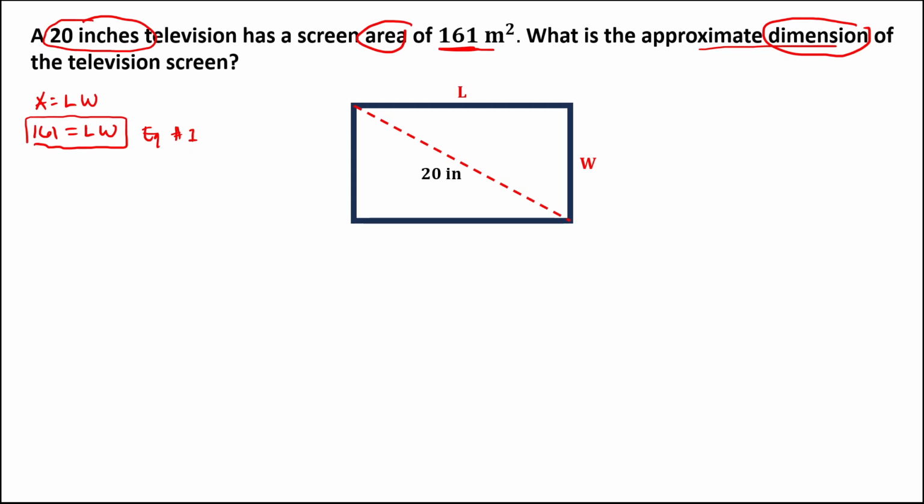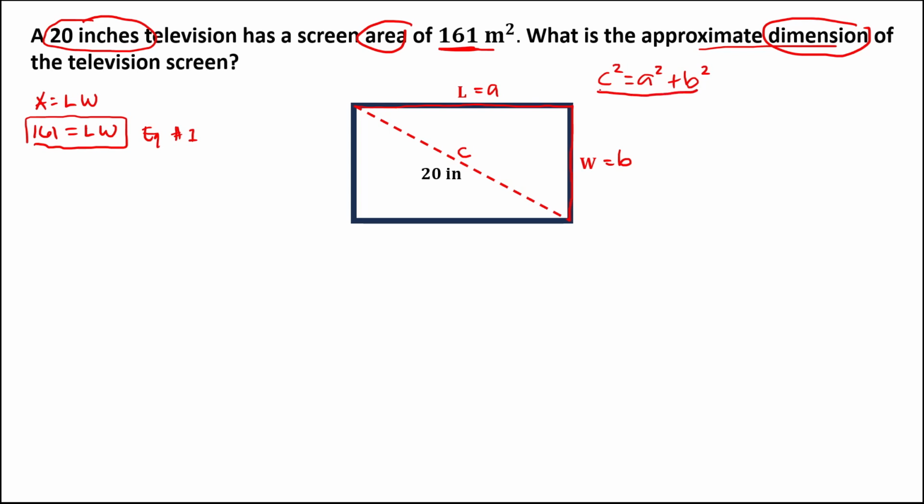Then for the second equation, using this right triangle, we can use the Pythagorean theorem. The formula is c squared equals a squared plus b squared, where c is the longest side. From this right triangle, this is c, then this is a and b.